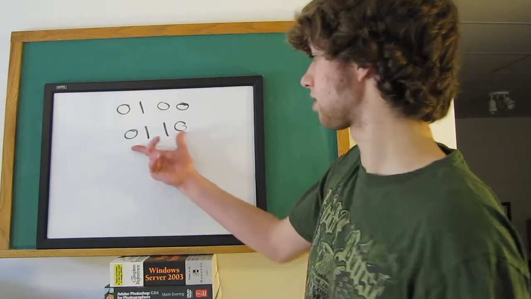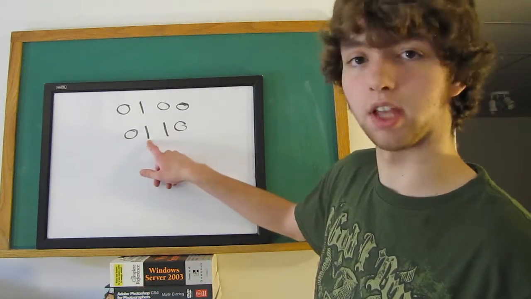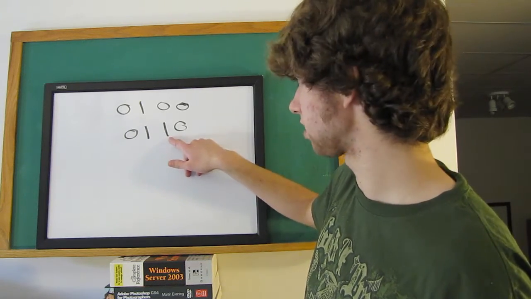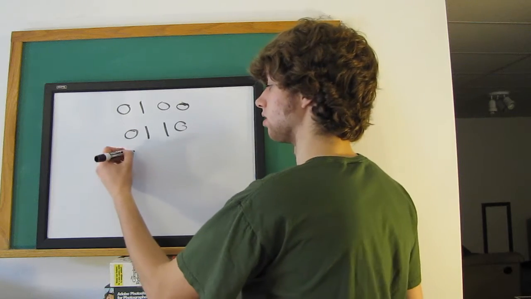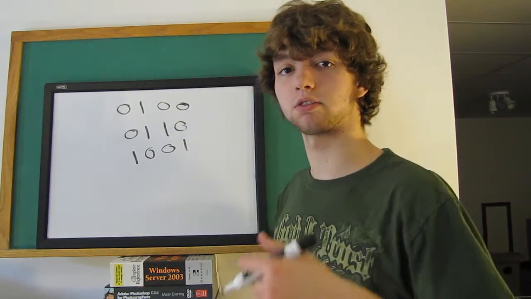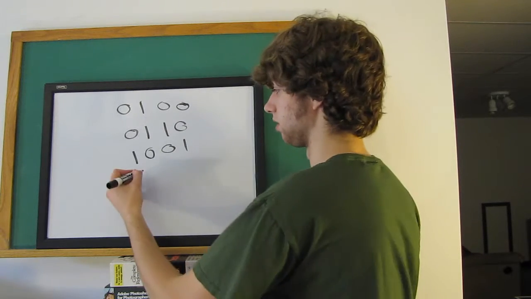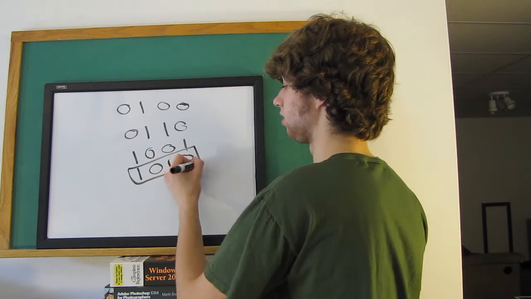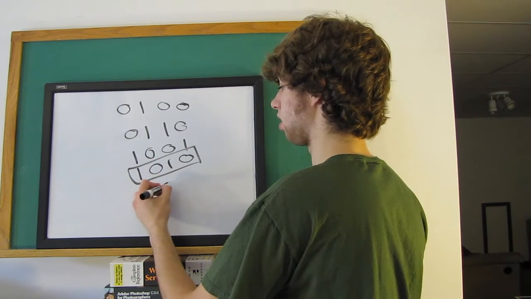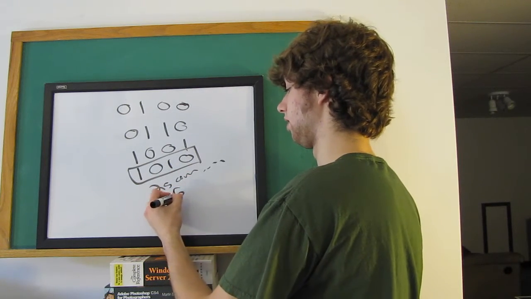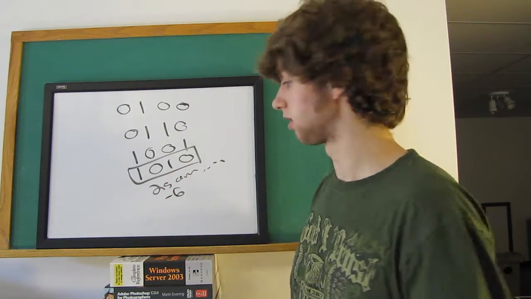So here is 6. This is because this is the 4's place and the 2's place. 4 plus 2 equals 6. Now we convert this, so 1, 0, 0, 1. Basically flip all of the bits to the opposite, and then we add 1. So we get 1, 0, 1, 0. So here is the 2's complement of negative 6.